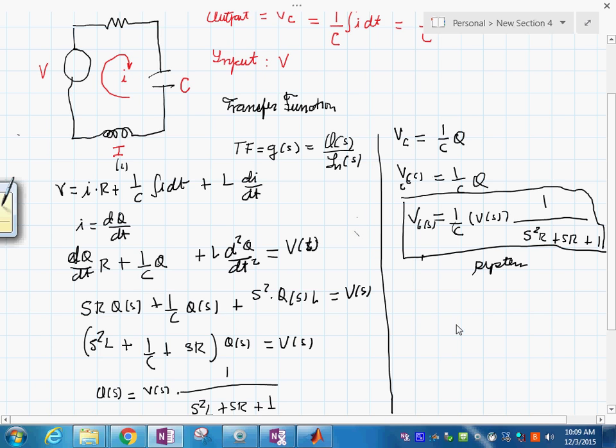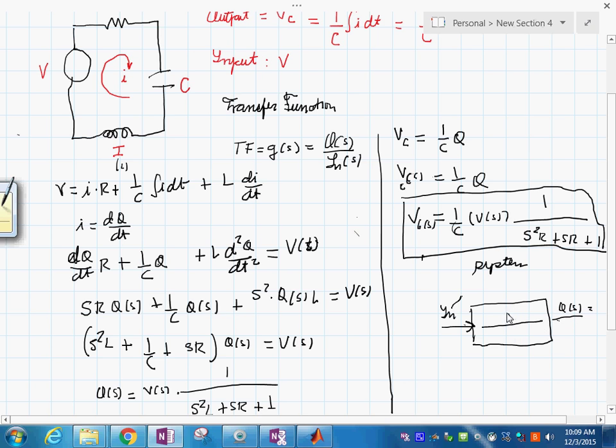So here I could say that this is your system. In fact, let's just draw it here for consistency. This is your input, and this is the output.